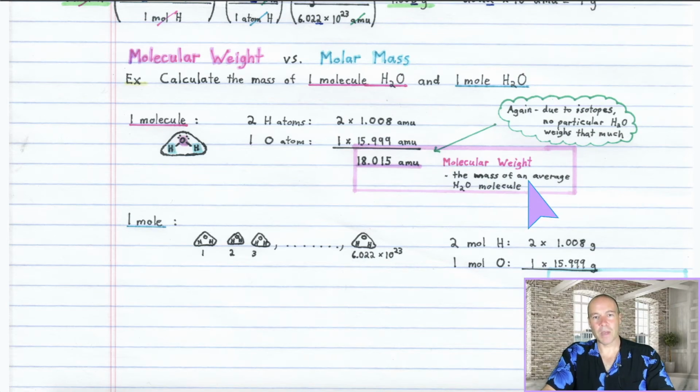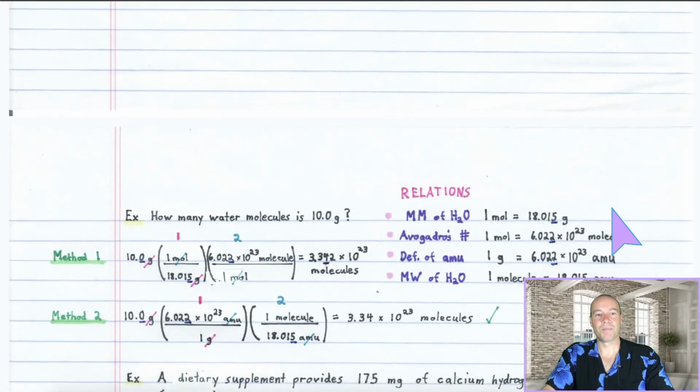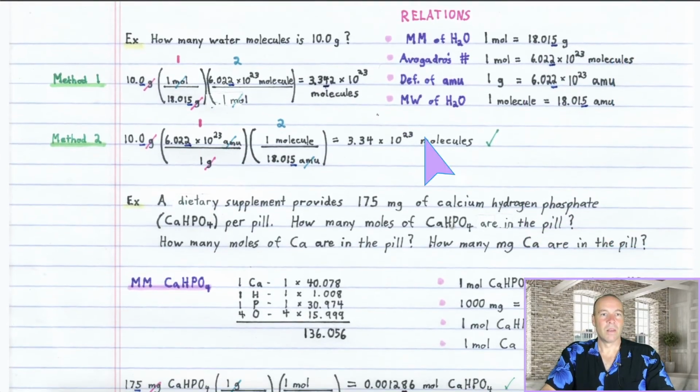So let's do a few calculations involving the molar mass. In the first example, we're asked how many water molecules is 10 grams. Now, to convert mass of a substance to the number of molecules of that substance, we need certain relations.